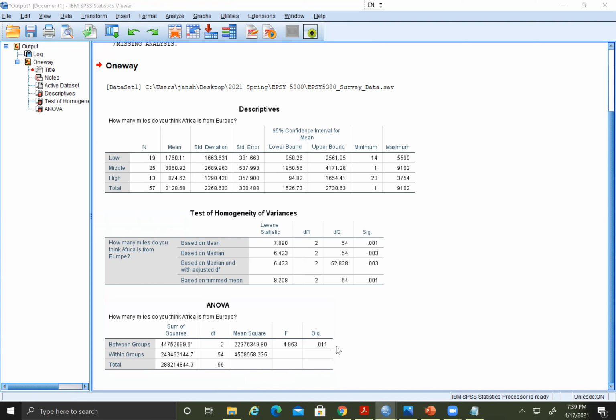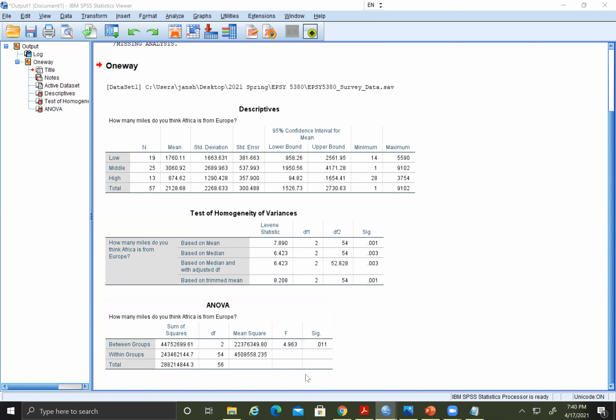So what I want to bring out here is the significance. For our test, which is the F test, the F value the software calculated for us is 4.96. And our degrees of freedom for the numerator, which is the between groups, is 2, and for the within group, which is the denominator, is 54.